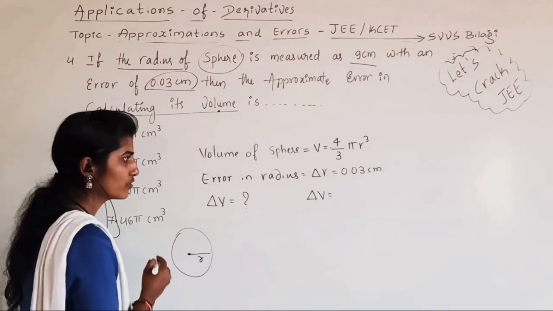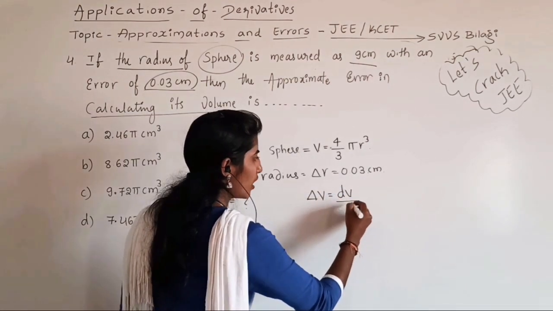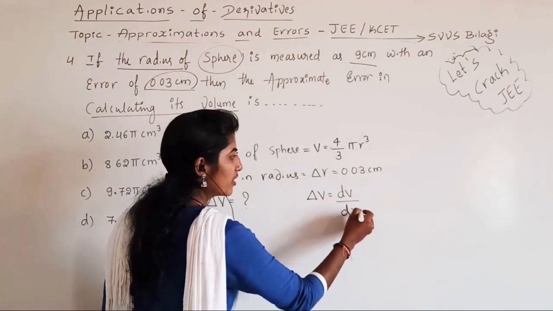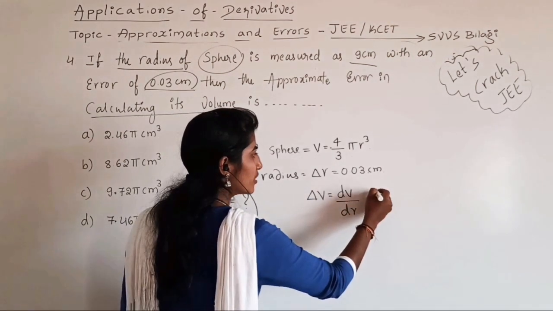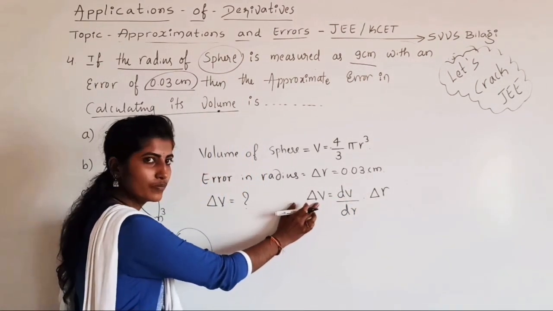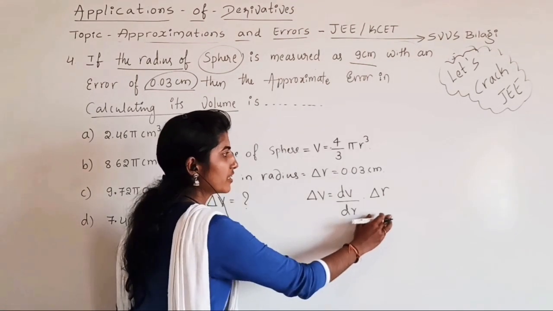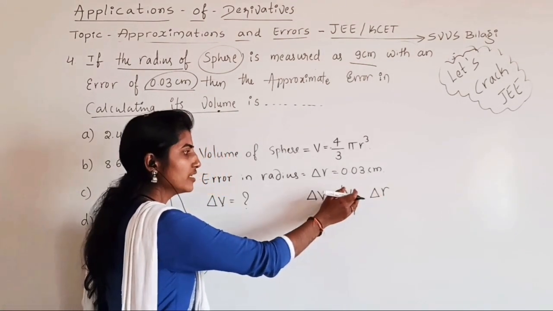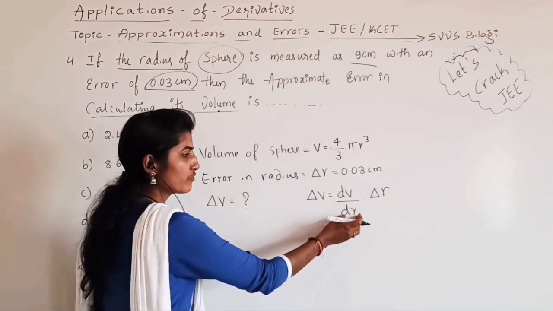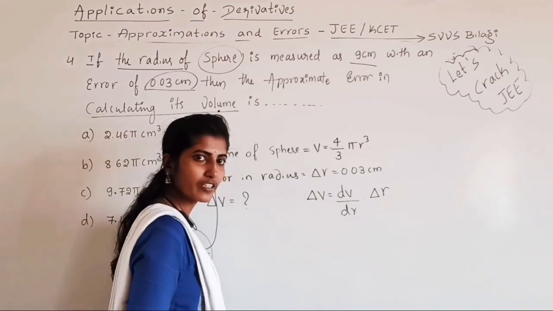Therefore, delta v is equal to the derivative of that value with respect to its radius into the error in its radius. The error in value v due to the error in the radius is given by dv by dr into delta r. Nothing but differentiation of that value with respect to radius into error in radius.